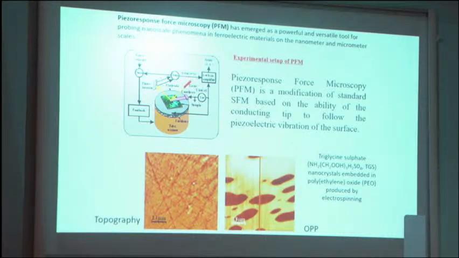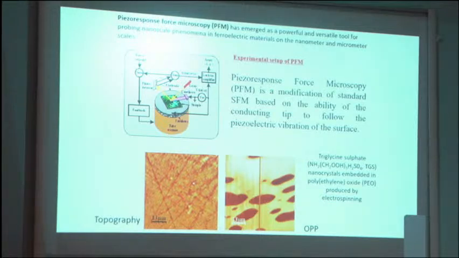Here you see an example of topography and piezo response. These images were obtained at the same time, but you see they are absolutely different.